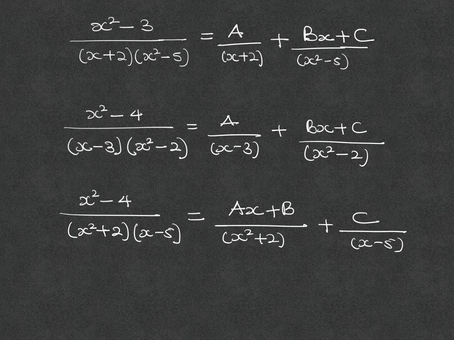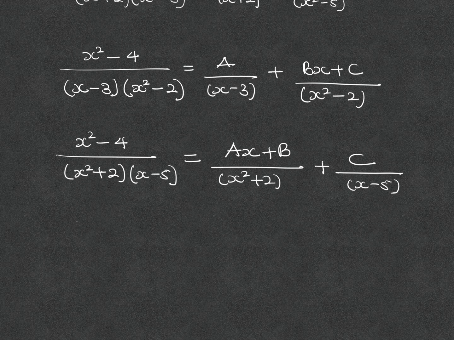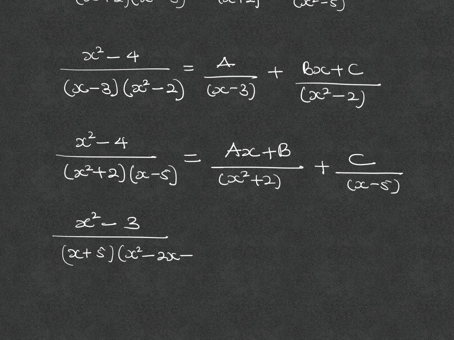All right, and finally, if I have, let's say, x squared minus 3 all over x plus 5 into x squared minus 2x plus 5. So again, we have a quadratic function here that is not factorizable, similar to the previous quadratic function.